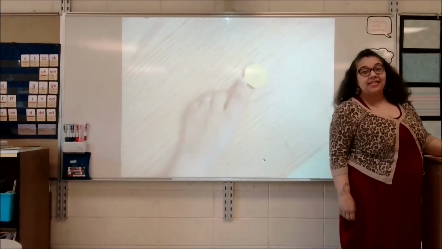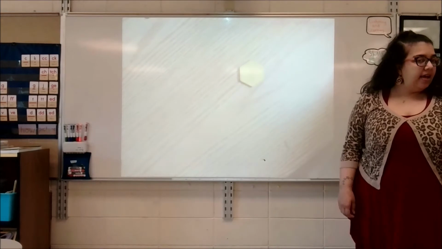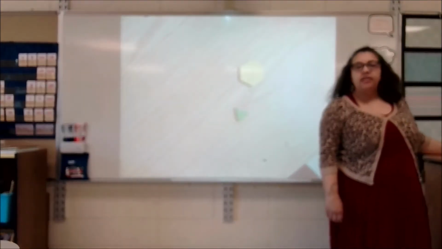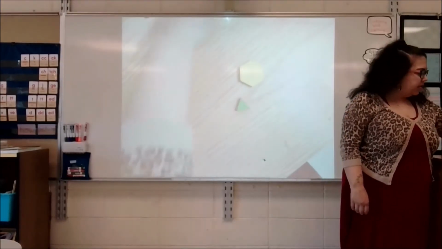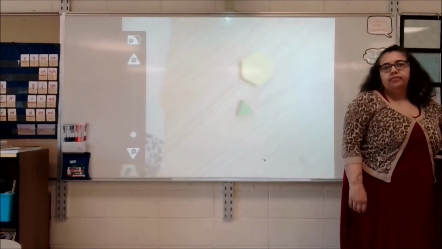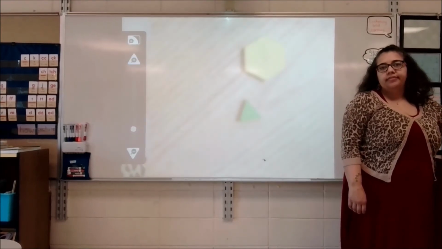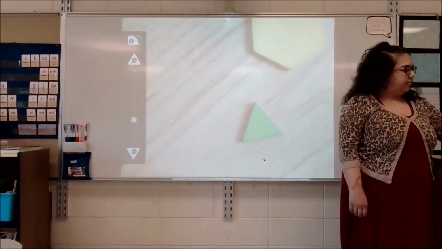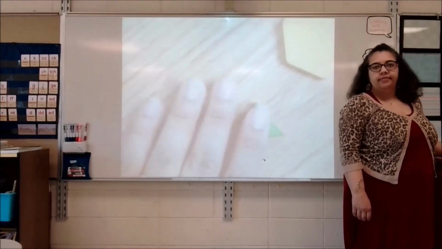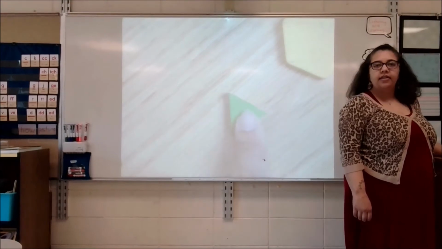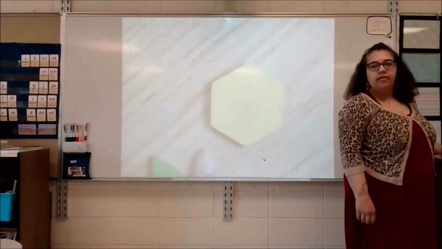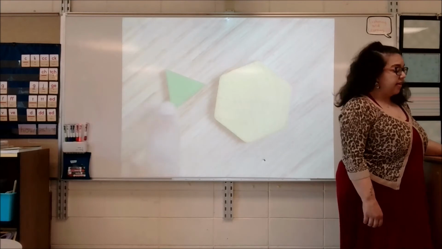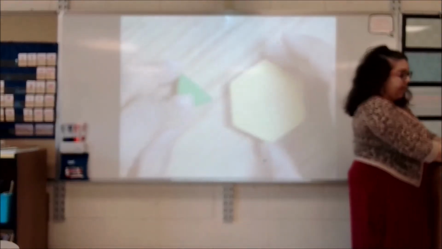Correct. This is a hexagon. Good. And what is this little friend? Let me see if I can zoom in some. What's this little friend right here? This is a triangle. Excellent.